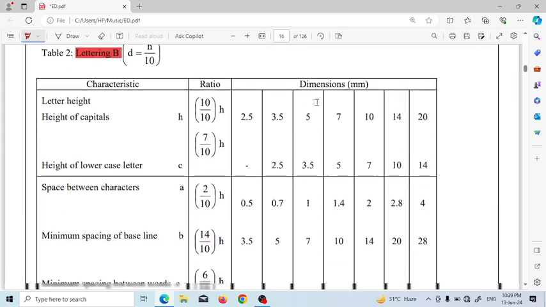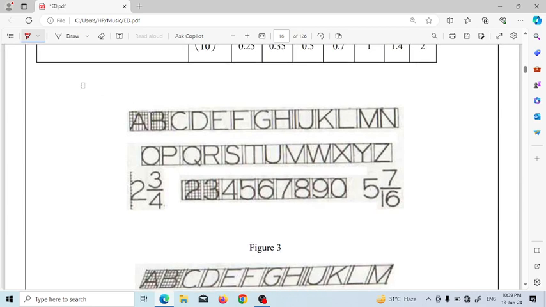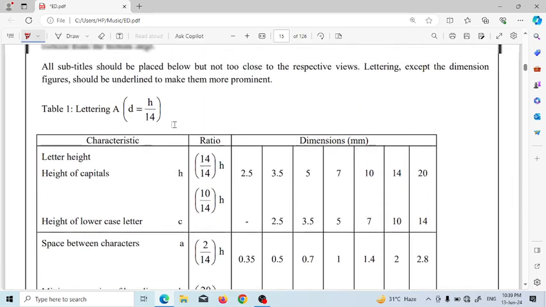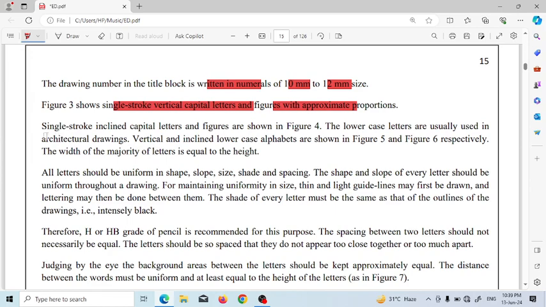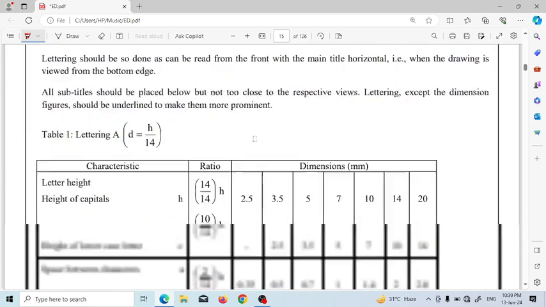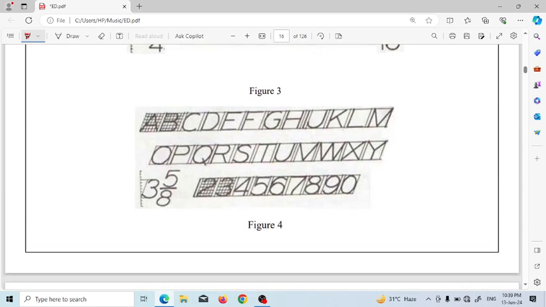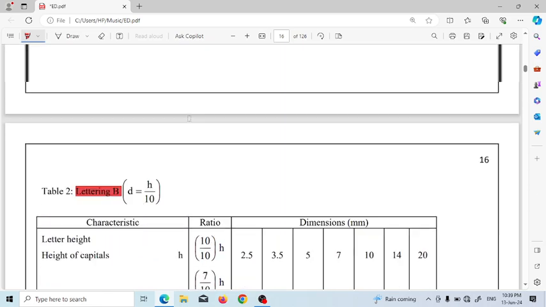So this is figure 3, written in capital letters A B C D, and this is the vertical type. And single stroke inclined capital letters are shown in figure 4. This is the inclined type, which is 75 degrees from horizontal. This is figure 4, capital letters, inclined type.